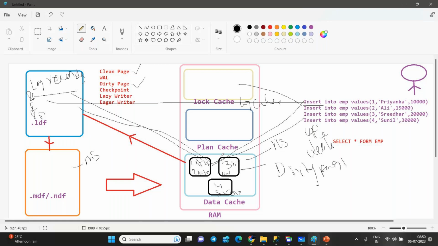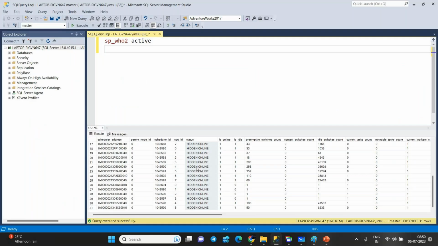Now, what is the checkpoint? It is an internal process. Most everyone knows that it is an internal process running continuously in the backend. You can't kill the checkpoint. It is completely running in the backend. So where is the checkpoint?